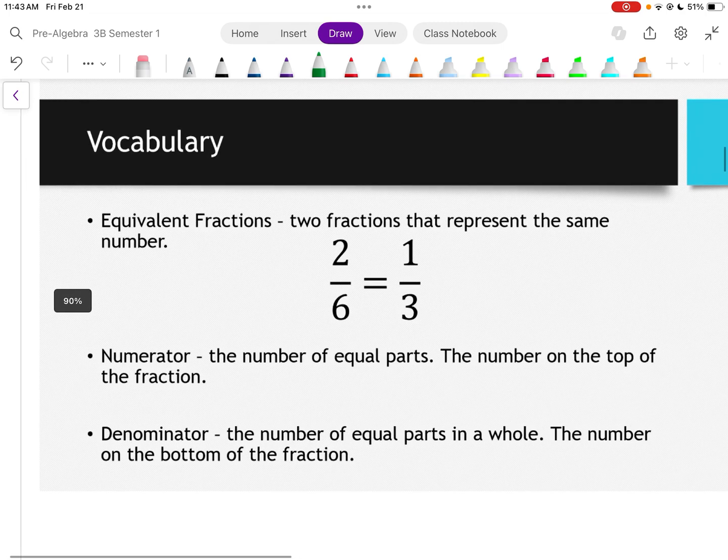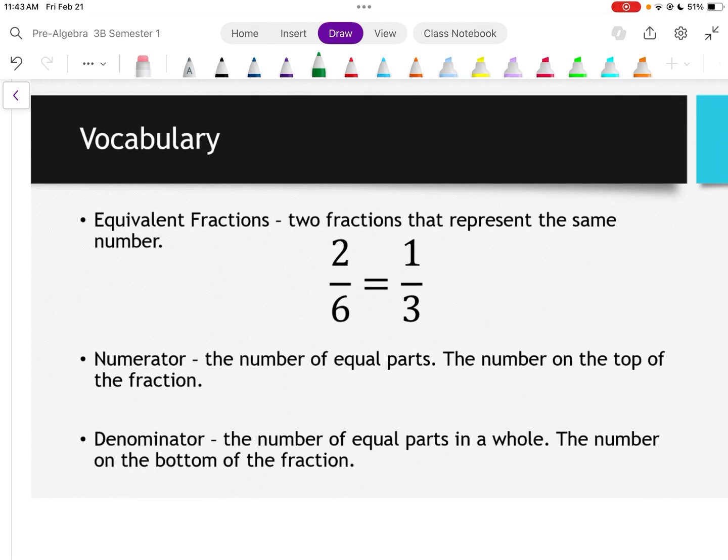Okay. So some vocabulary, make sure if you need a lot of time, make sure you pause and write these down. We have equivalent fractions, and those are 2 fractions that represent the same number. So we just went over how 2/6 was equal to 1/3, and that was even equal to 4/12.